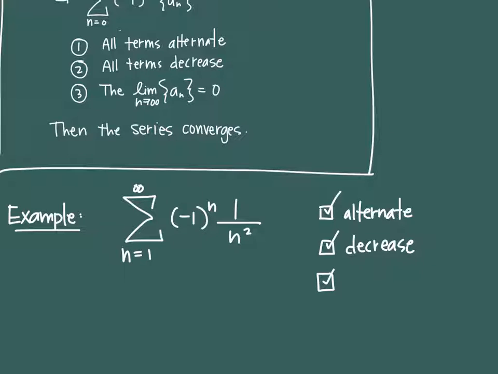And they are going to decrease to 0. Because it meets all those things, by the alternating series test, this will converge.